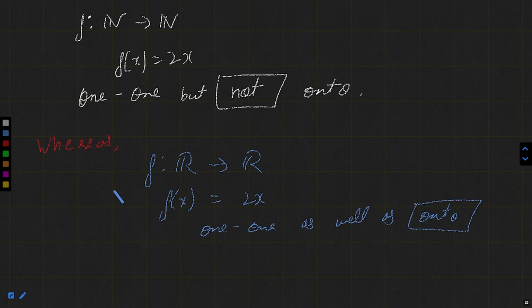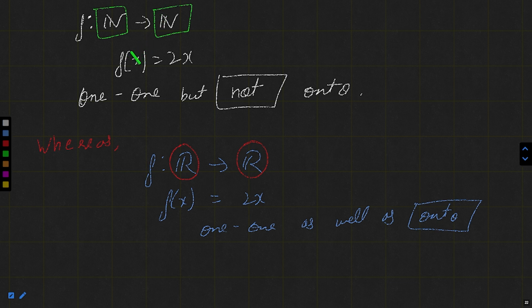So why does this happen? Because of the domain and the codomain we took. Whether a function is 1-1 or onto depends totally on its domain and codomain sets.